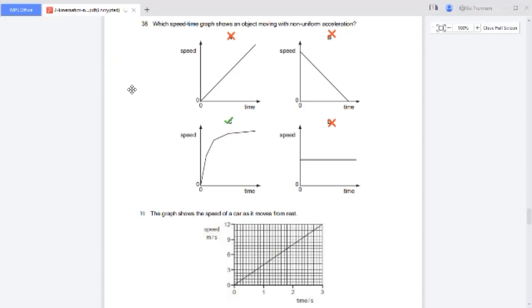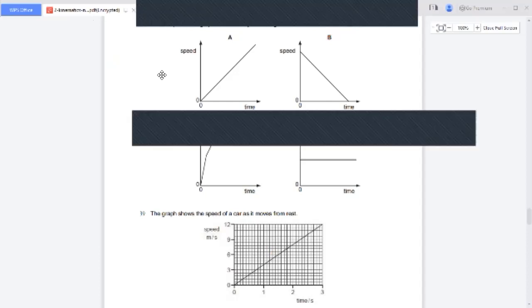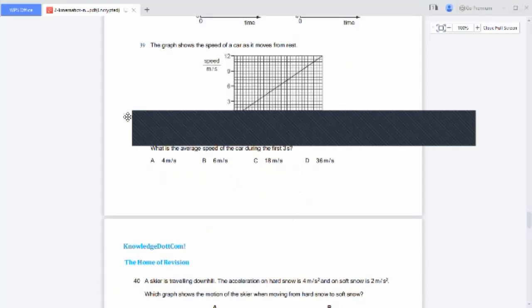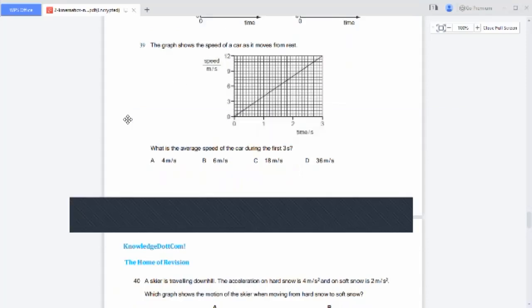Question number 39. The graph shows the speed of a car as it moves from rest. What is the average speed of the car during the first 3 seconds?